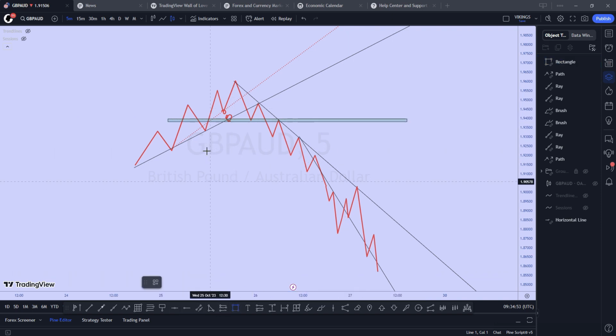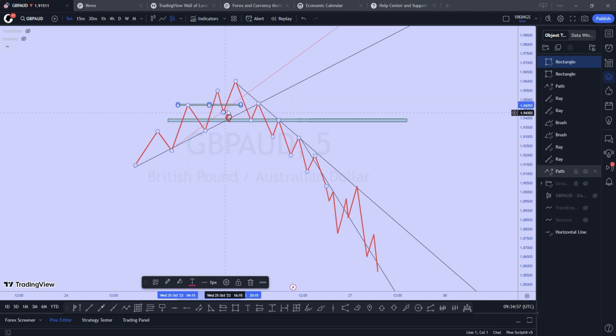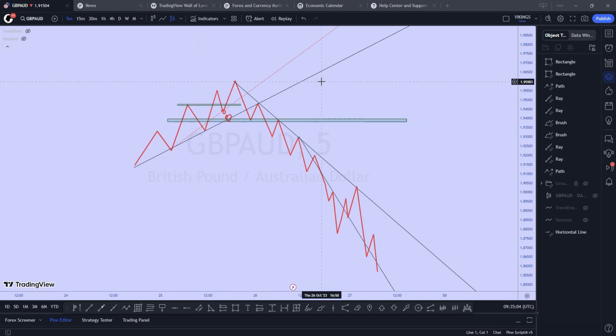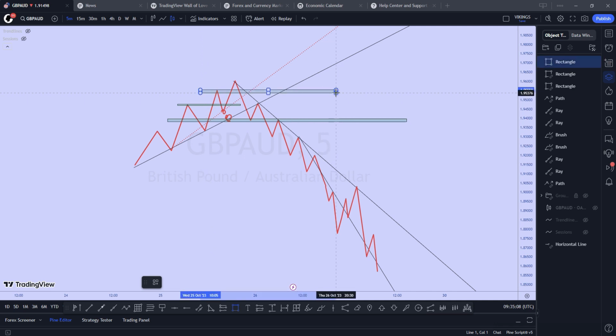You see, so this is support. So we came back, broke the support, broke the resistance here, broke the resistance here, but didn't test and came back to the support.